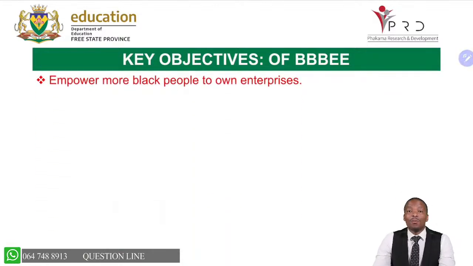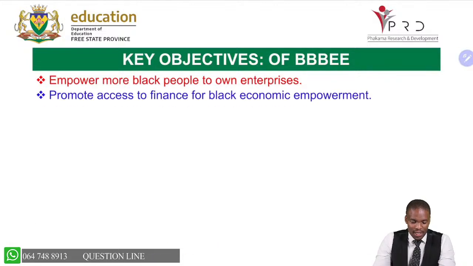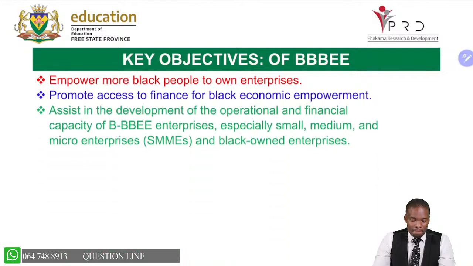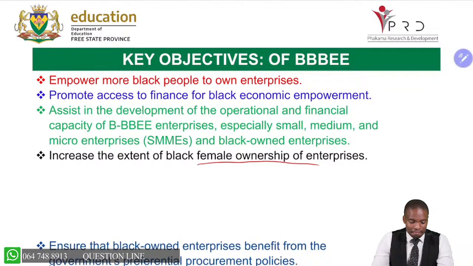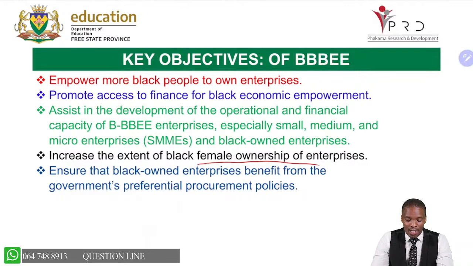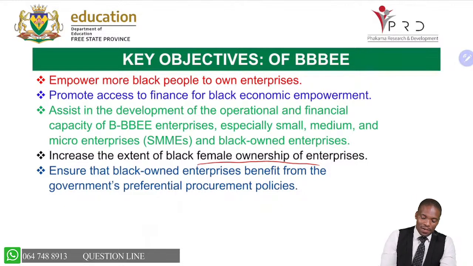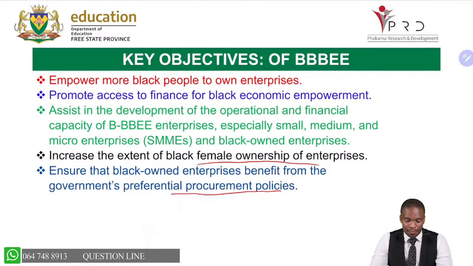The key objectives, as a summary: empower more black people to own businesses; promote access to finance for black economic empowerment; assist the development and the operational and financial capacity of triple BEE enterprises, especially SMMEs and those black-owned enterprises; increase the extent of black female ownership of enterprises; and ensure that black-owned enterprises benefit from government preferential procurement policies.